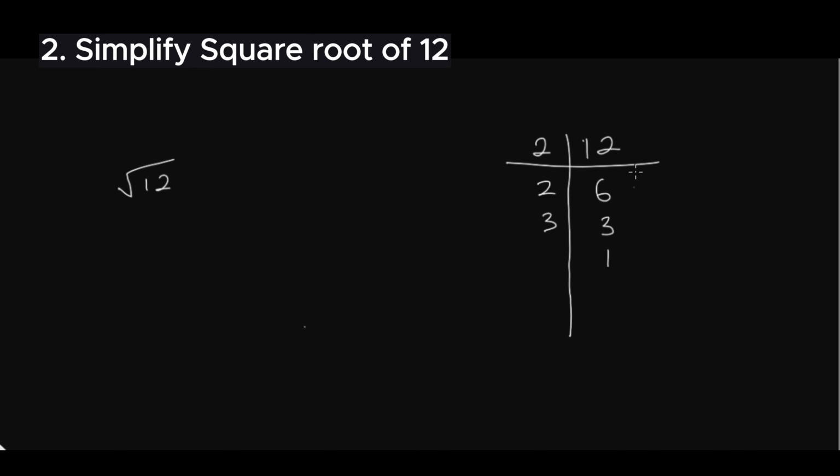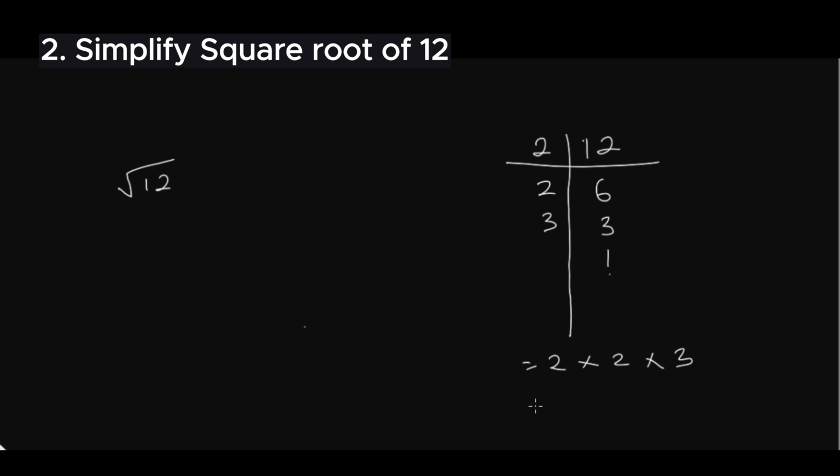Please remember that the idea here is to divide with the smallest prime number that will leave no remainder. So you divide until you reach 1. So therefore, the prime factors for 12 are 2 times 2 times 3.